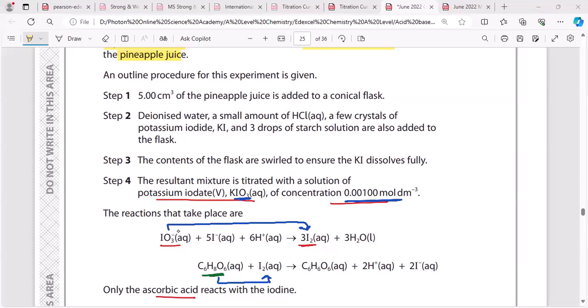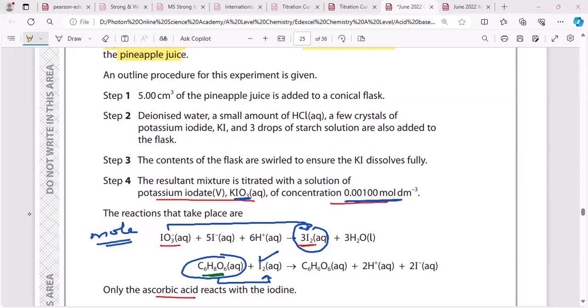So I can find the moles of iodate ion. Once I have the moles of iodate ions, by the comparison of molar ratio, I can find the moles of iodine. And when I have the moles of iodine, by comparison, I can find the moles of acid, and the story would be simple.